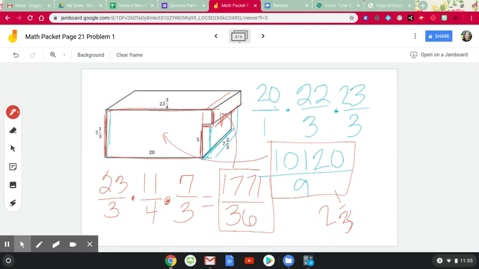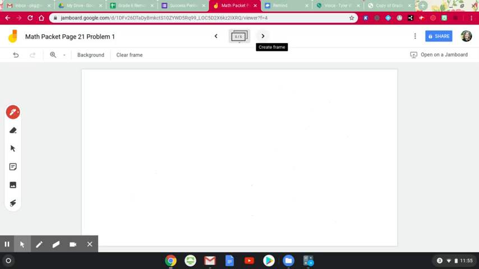So 1771 over 36 plus 10,120 over 9. What's the common denominator going to be?